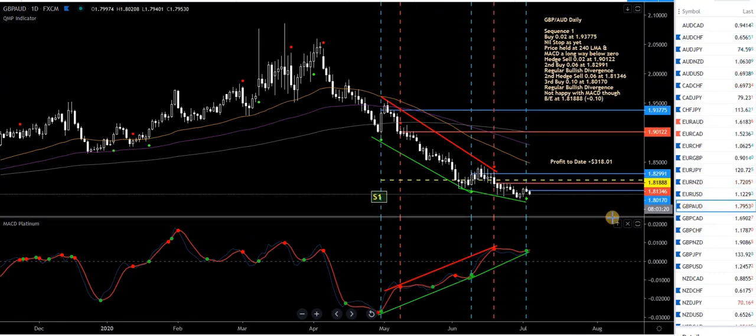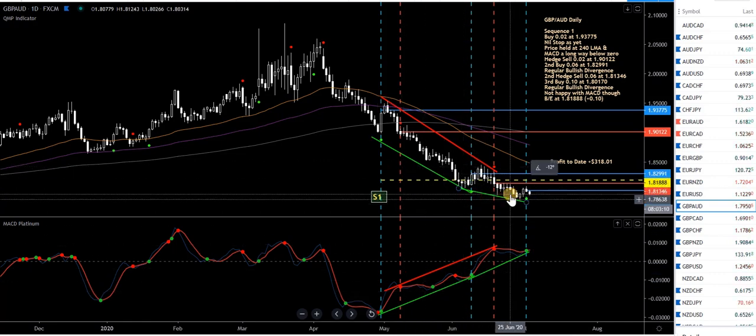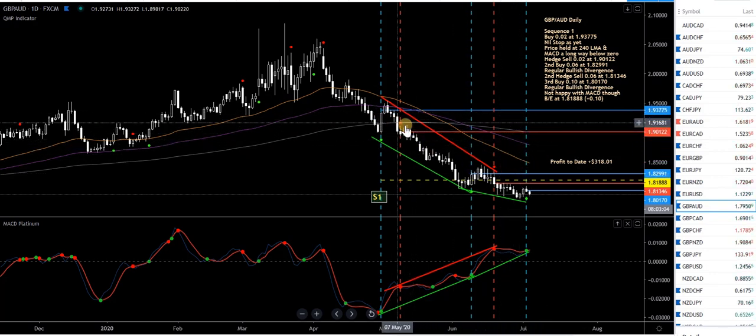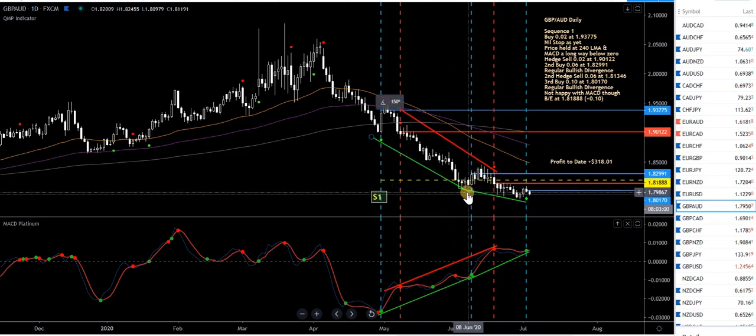Pound Aussie. Rightio. This one's caused me a bit of grief. It's all sequence 1. And we keep on getting high risk stuff going up that way. You can see the MAs are starting to spread out. Trend's obviously heading down, but we've had some regular bullish divergence.